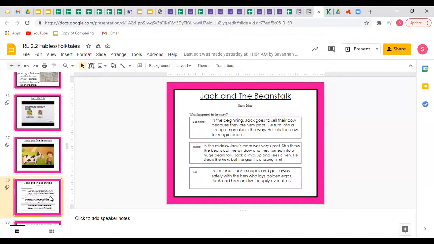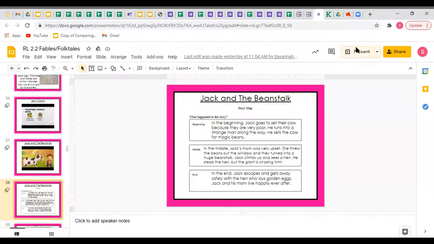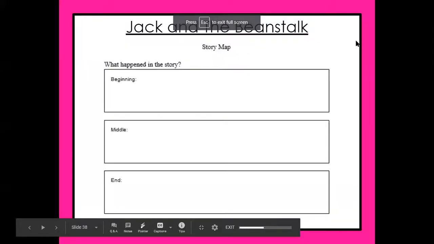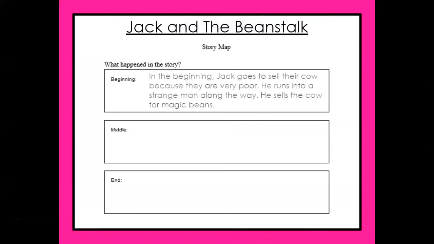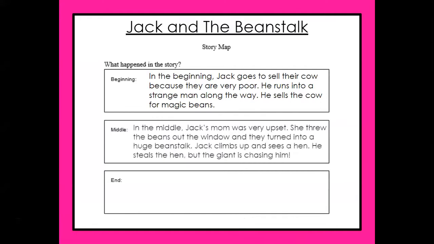Okay, so what happened in the beginning of the story? In the beginning, Jack goes to sell their cow because they are very poor. He runs into a strange man along the way. He sells the cow for magic beans. In the middle of the story, Jack's mom was very upset.